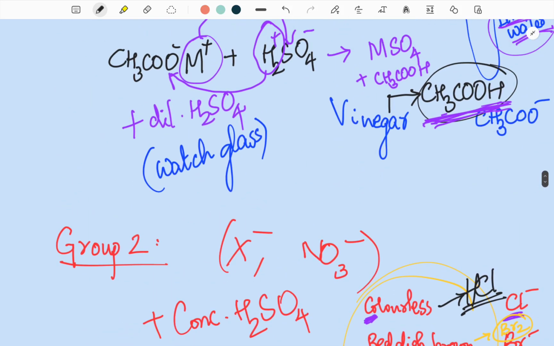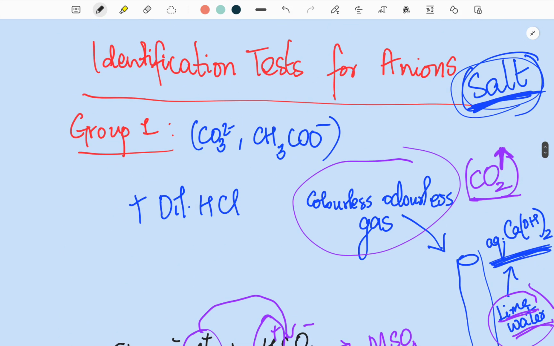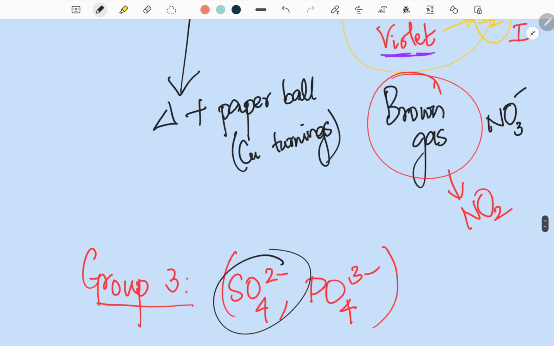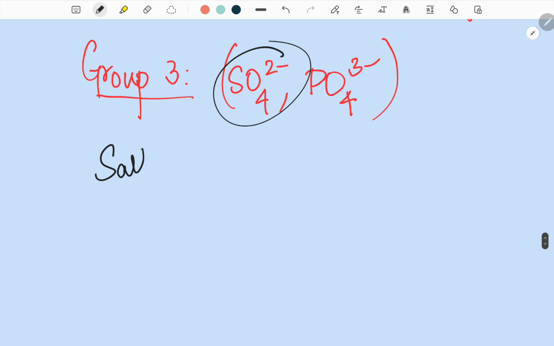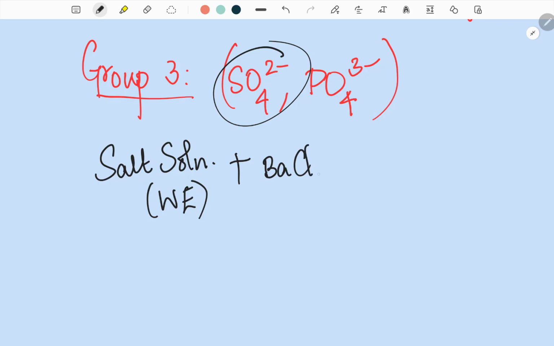In all the previous tests, we were using just salt, but for sulfate alone, you need to use salt solution. To the salt solution or water extract, you have to add barium chloride. Once you add barium chloride, you can see that a white precipitate will be formed.